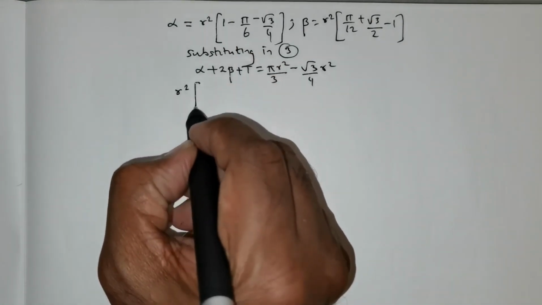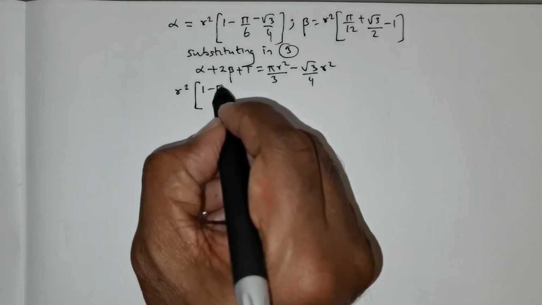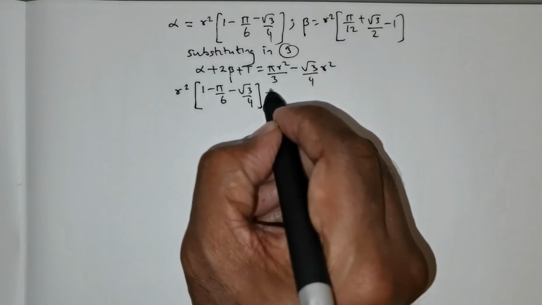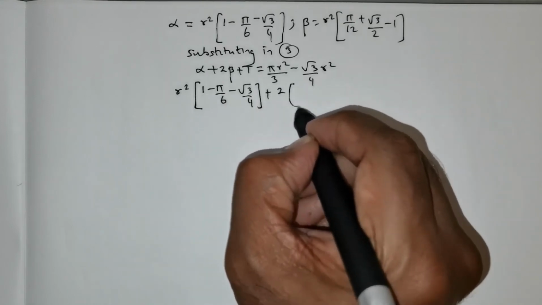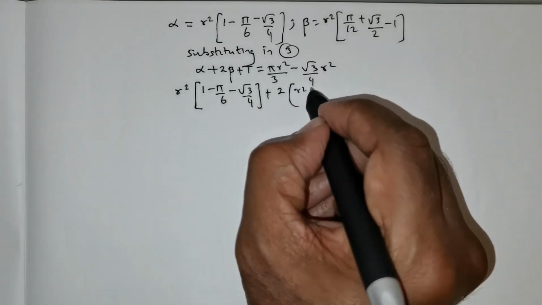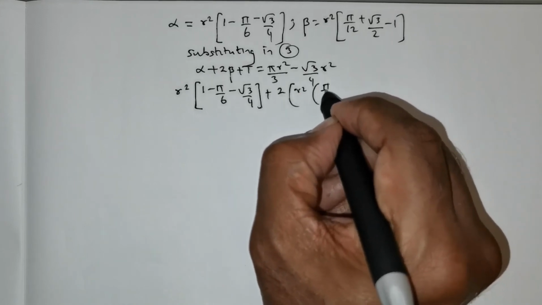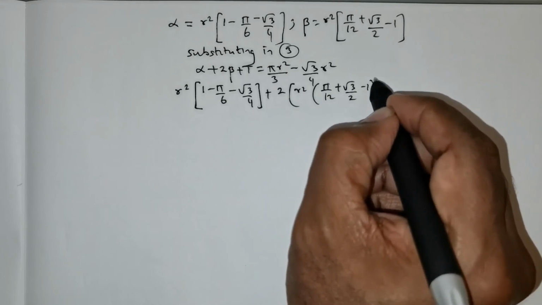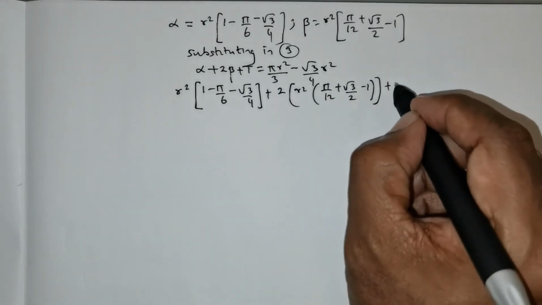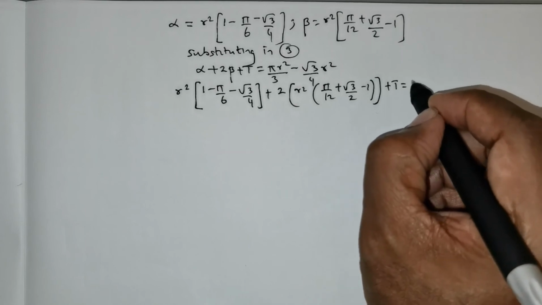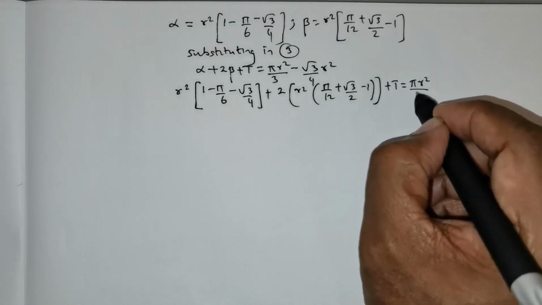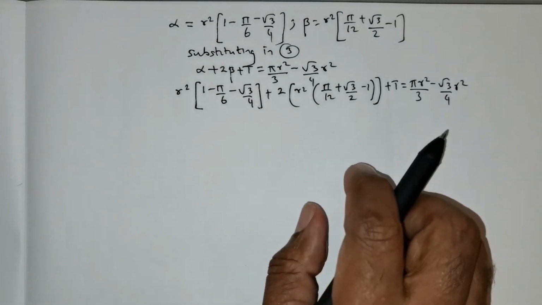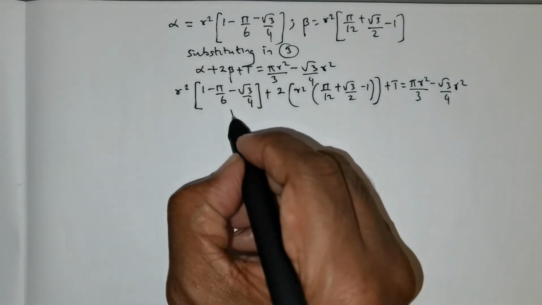Substitute for alpha, that's going to be r squared of 1 negative pi over 6 negative root 3 over 4, plus 2 times beta, which is r squared of pi over 12 positive root 3 over 2 negative 1, positive t is equal to pi r squared over 3 negative root 3 over 4 times r squared.